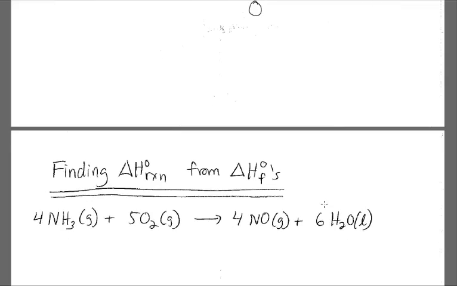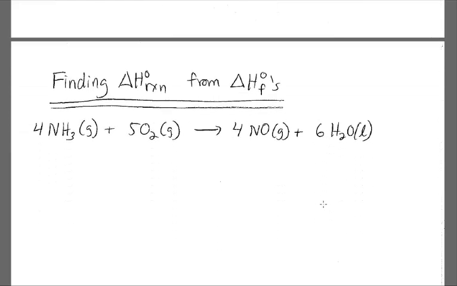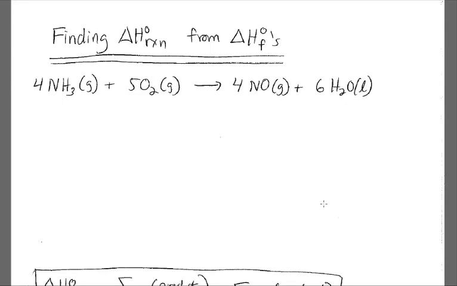All right, let's look at a reaction and talk about how it's not just forming compounds from elements in their standard states, but any kind of reaction. We can get the delta H of reaction from the heats of formation, and I'm going to show you how. Remember that because enthalpy is a state function, it doesn't depend on path.